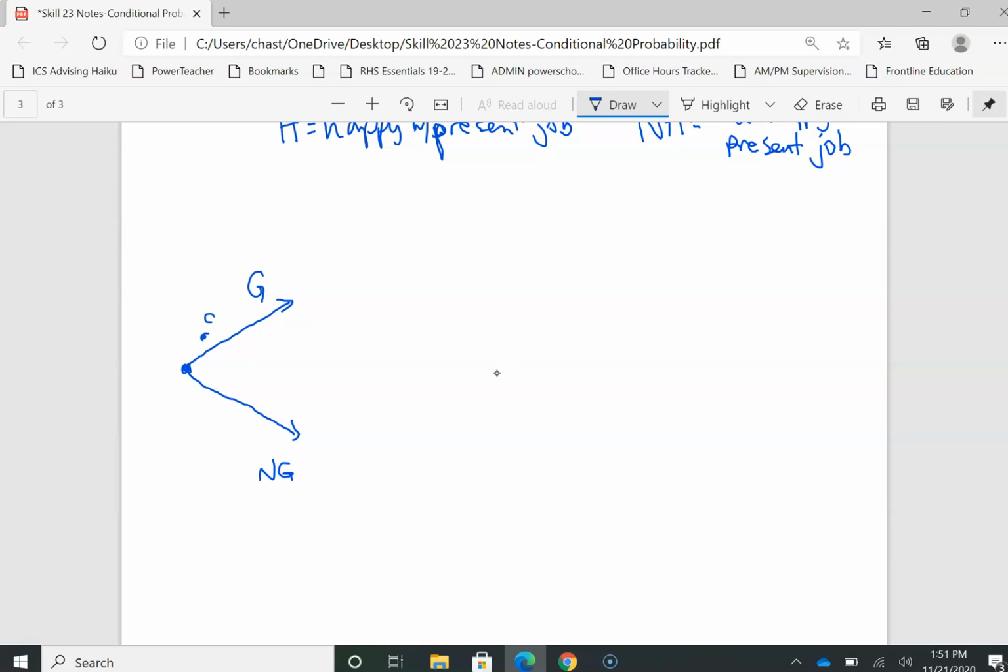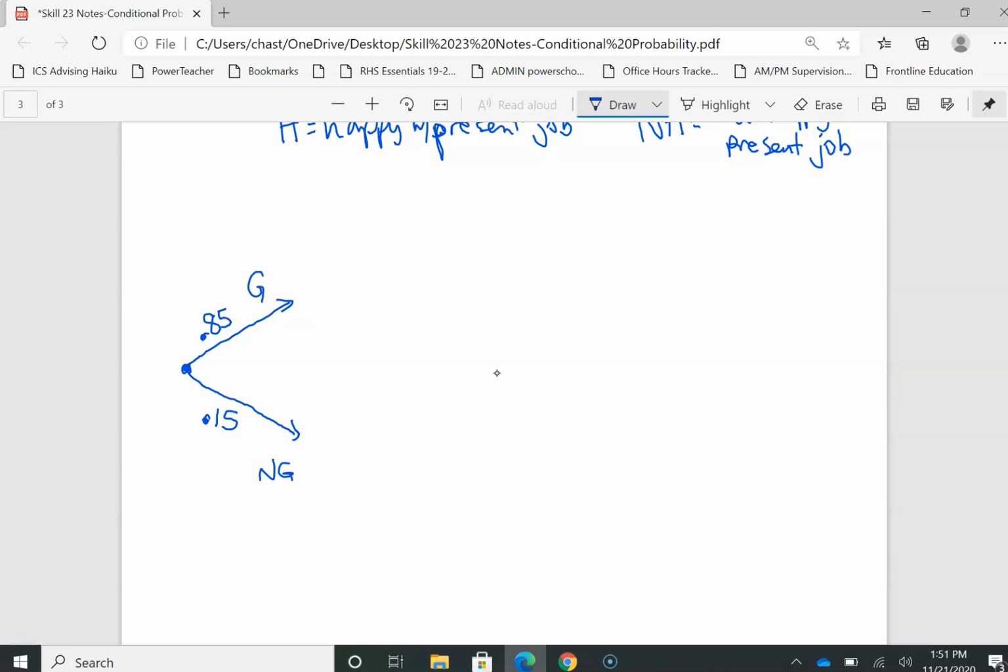So the probability that you graduate is 0.85. That means that 15% of the class didn't graduate. They didn't tell us that, but graduate or non-graduate are your only options. So those are your probabilities that you either graduate or not graduate.